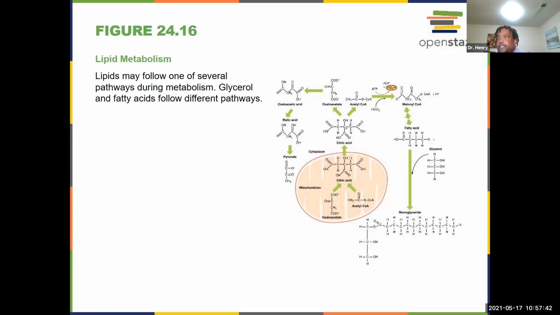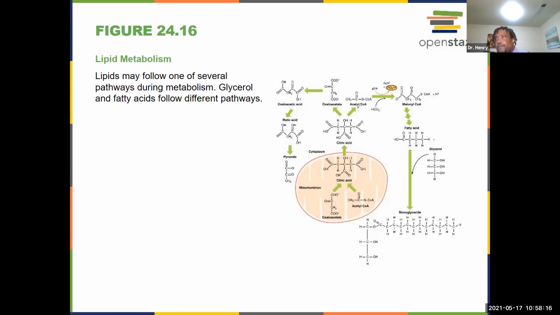That's going to give us citric acid. Citric acid is going to be utilized to remake that oxaloacetate, and again, that acetyl-CoA. And then we're going to get oxaloacetic acid. Then that's going to be used to make malic acid. Malic acid is going to be used to make pyruvate. And then we know that pyruvate is going to go through that process of making acetyl-CoA, and then it's going to be able to enter the process again.